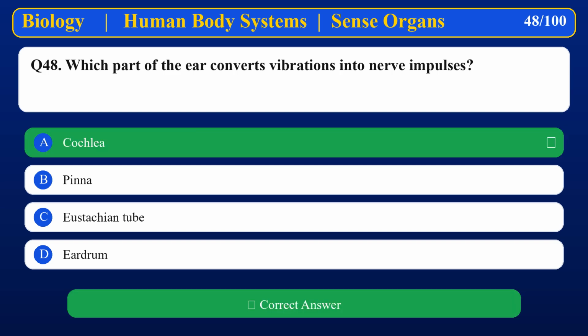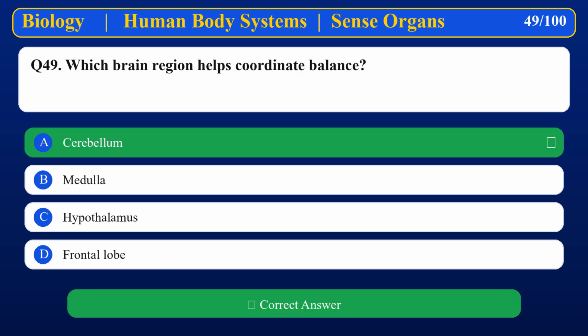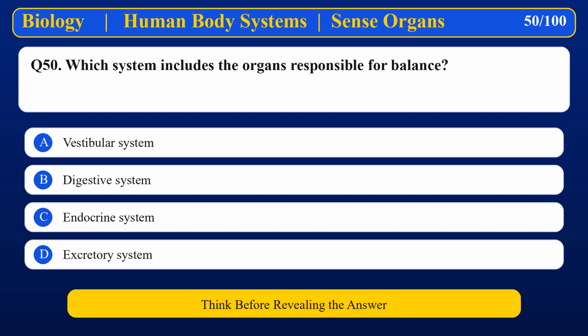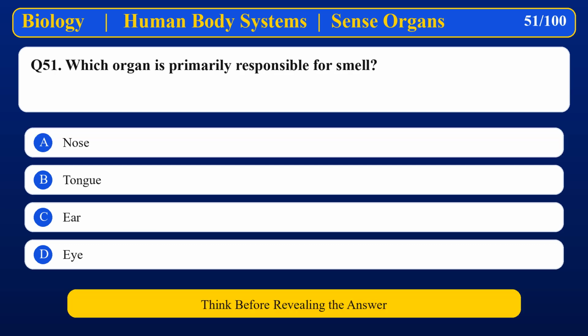Cochlea. Which brain region helps coordinate balance? Cerebellum. Which system includes the organs responsible for balance? Vestibular system. Which organ is primarily responsible for smell?